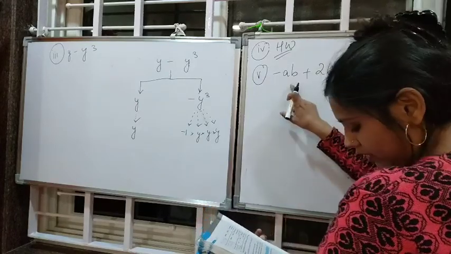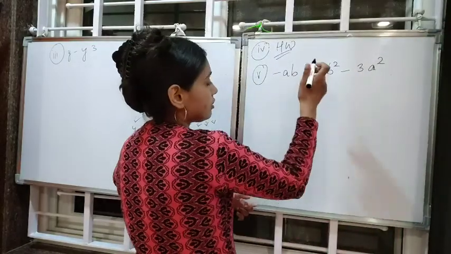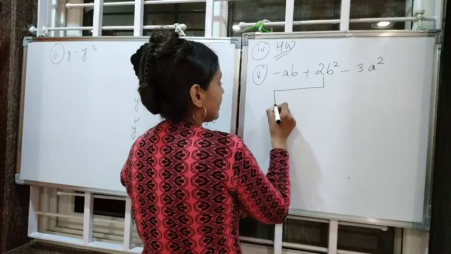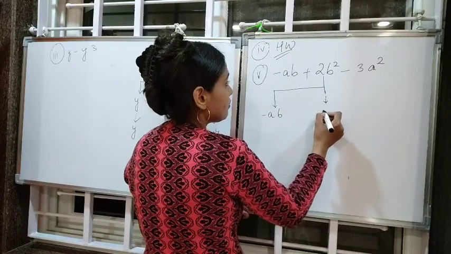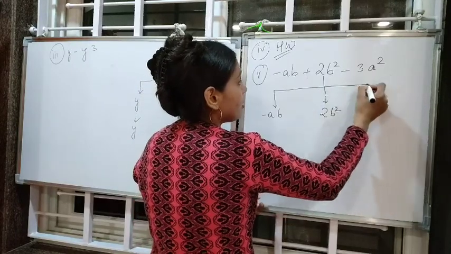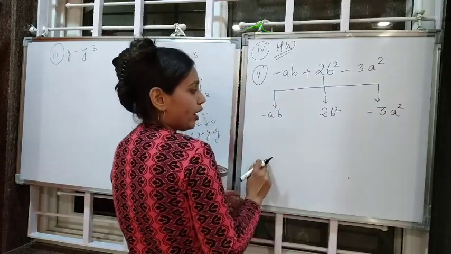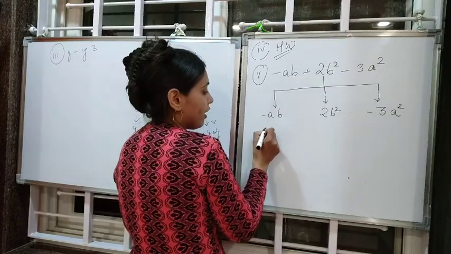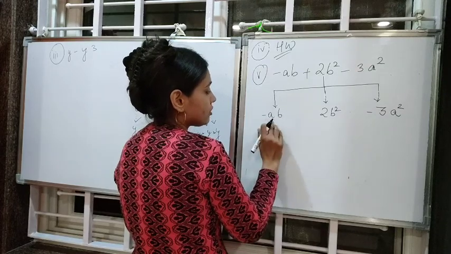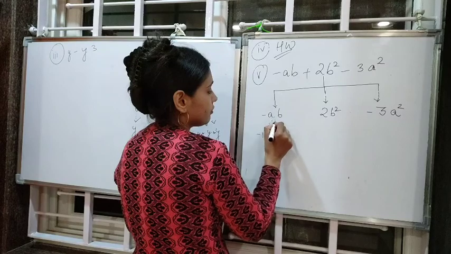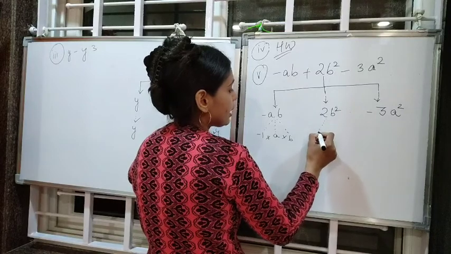The fifth part is minus AB plus 2B square minus 3A square. So this is the expression. Let's write the terms. The first term is minus AB. The second term is 2B square. The third term is minus 3A square. Then we go to the factors. Here the first factor is this minus sign, that is minus 1. The second factor is A. The third factor is B. Here the first factor is 2.